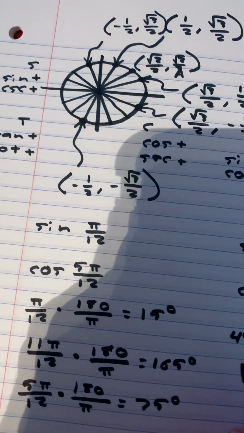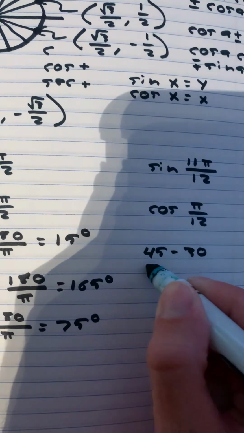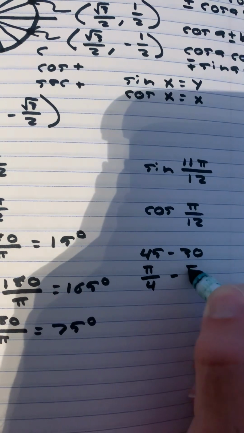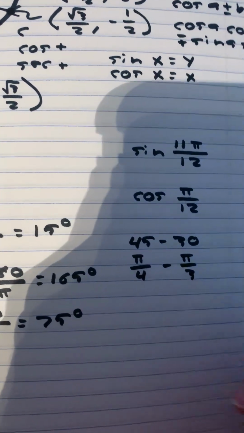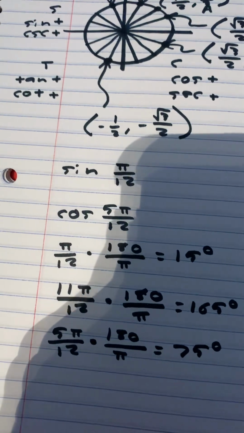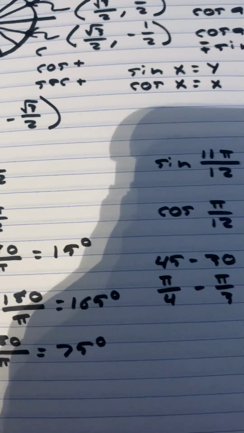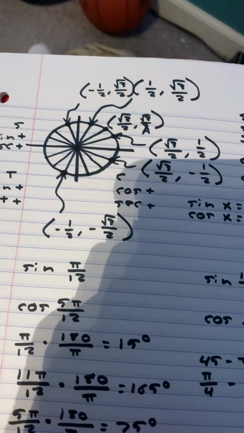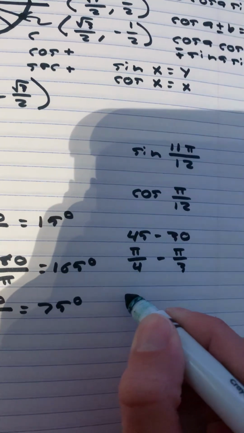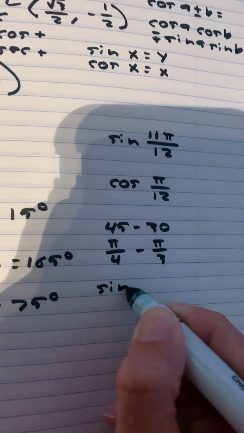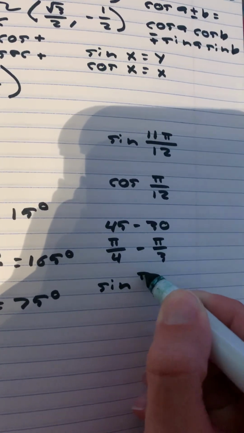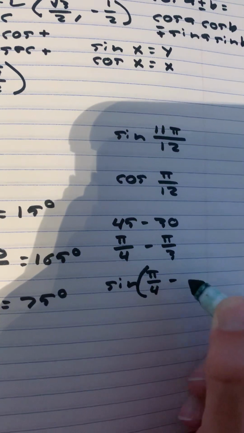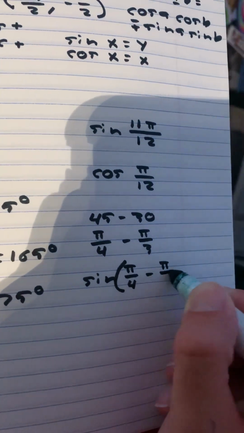But in radians, that is going to be pi over 4 minus pi over 3, right? So, let's calculate. So this is basically saying the sine of pi over 4, I should put that in parentheses, minus pi over 3.